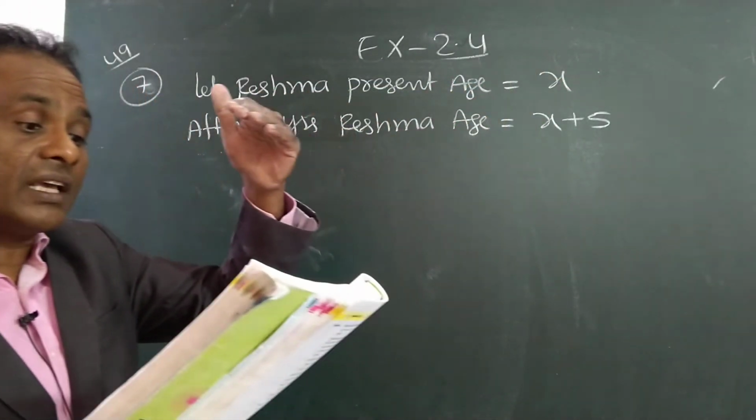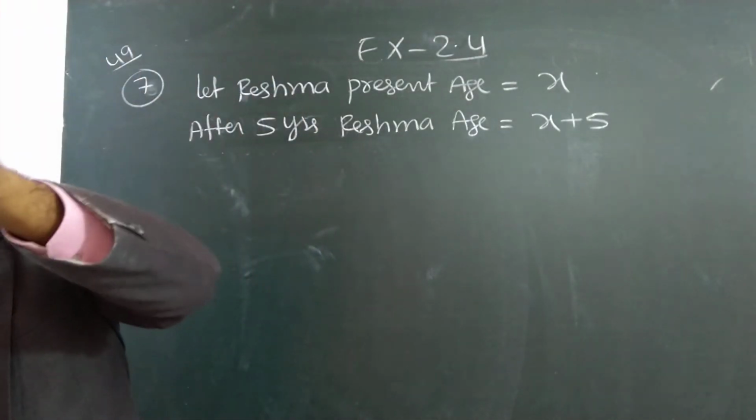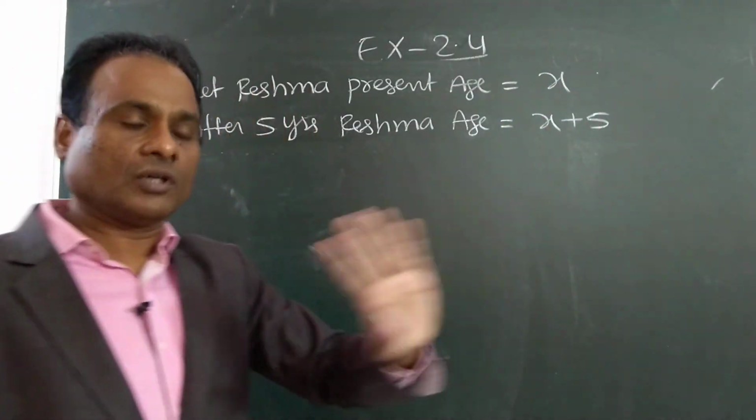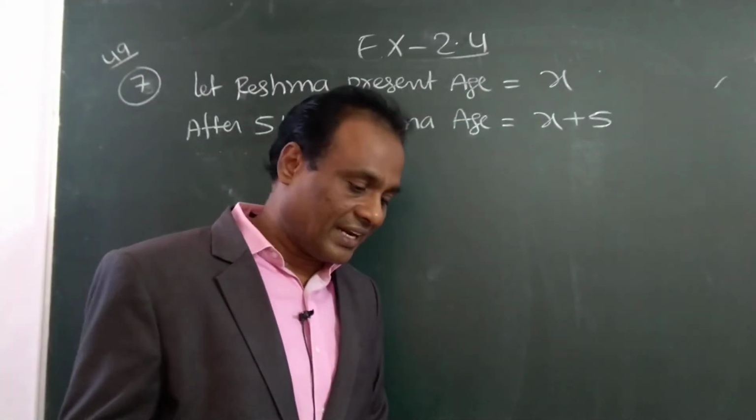So in 5 years time, that means after 5 years, our age will increase by 5. That's all. x plus 5. Now what is the relation between these two? Read it.